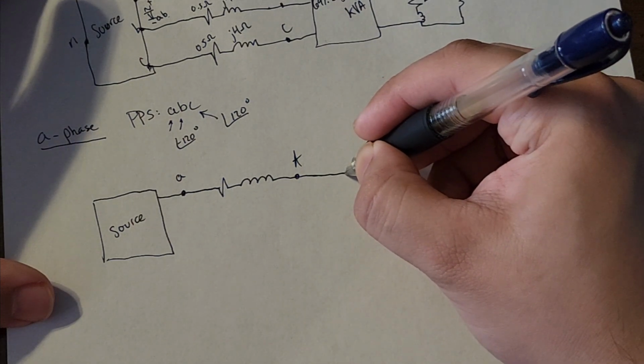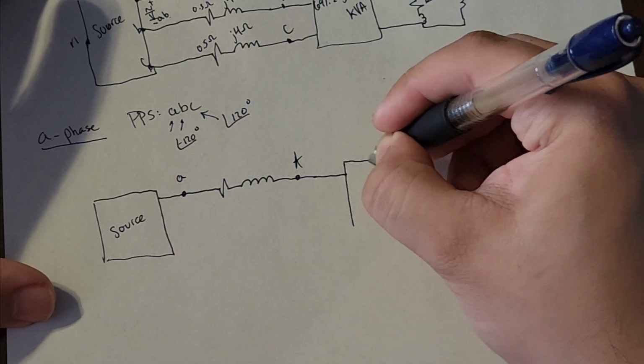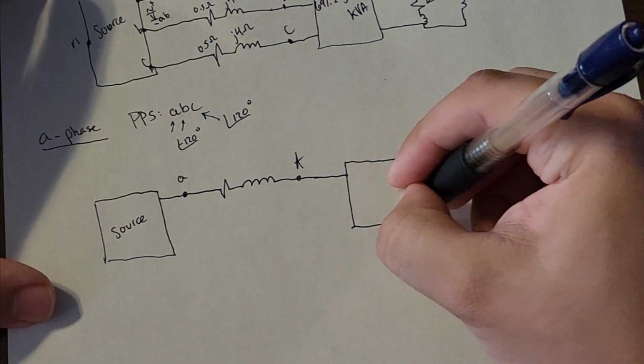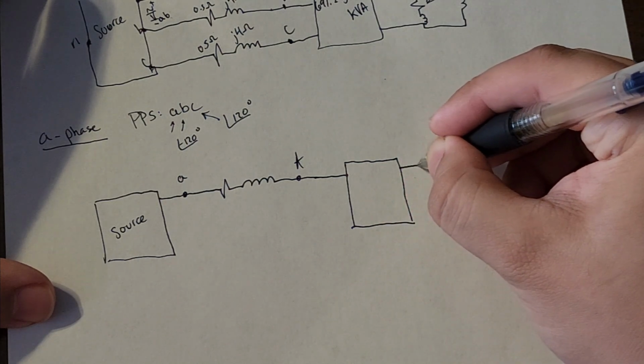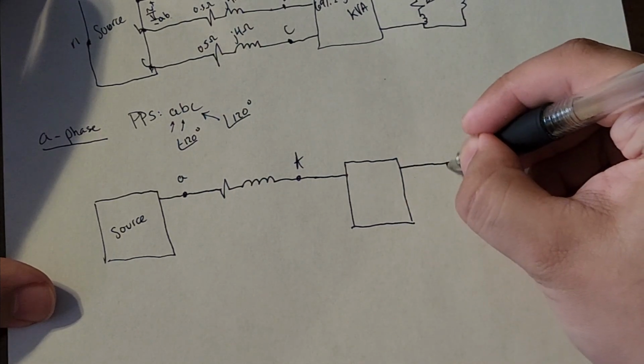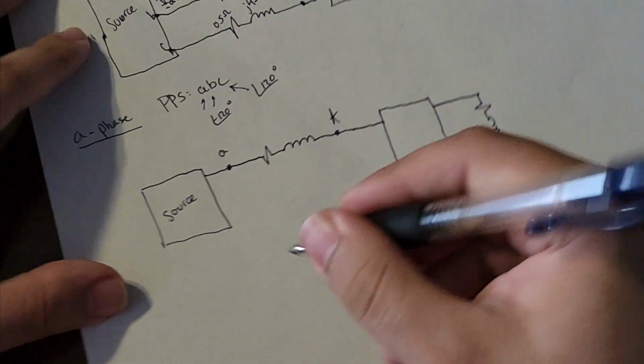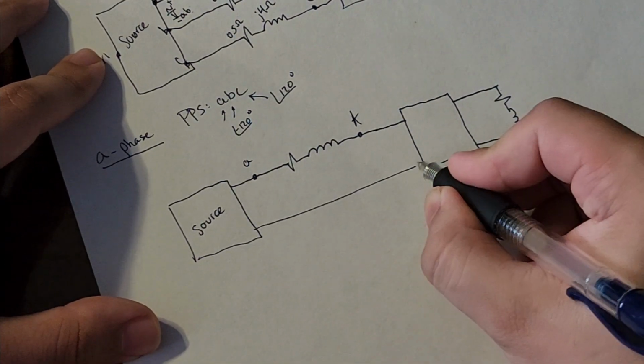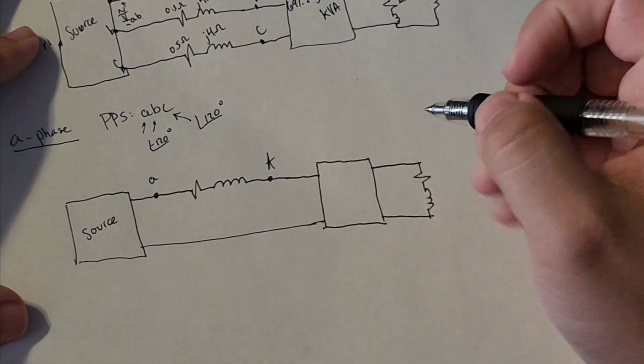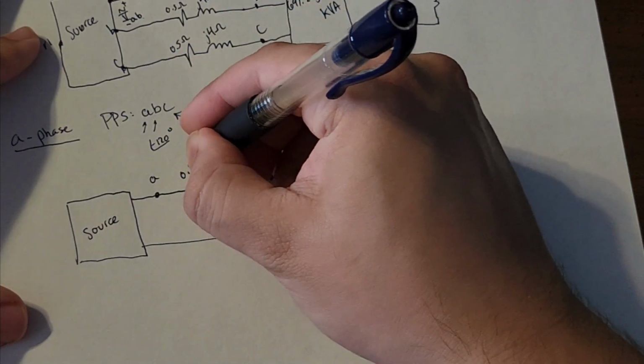And we have a load, one load, connected in parallel with another load. This will come all the way over here, and look, we have a complete loop. Now what was this?